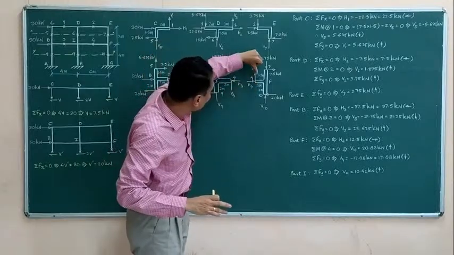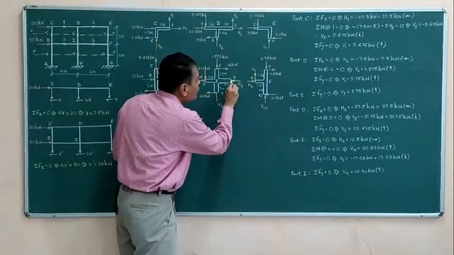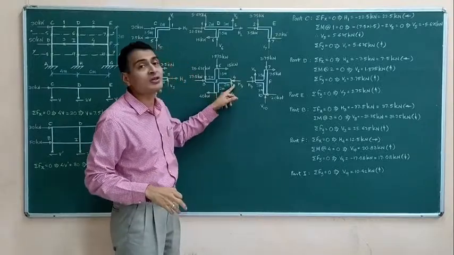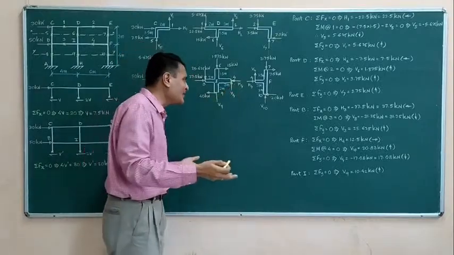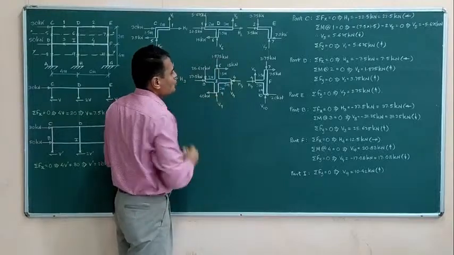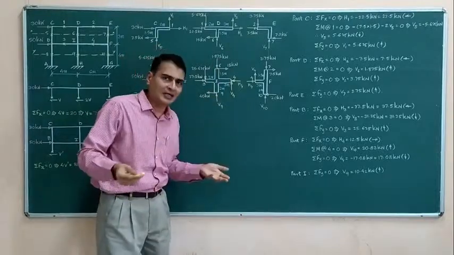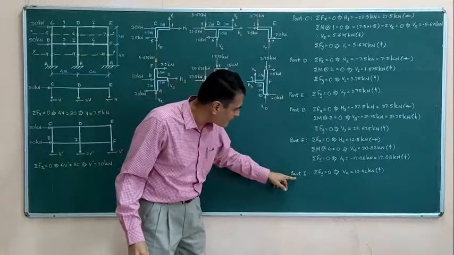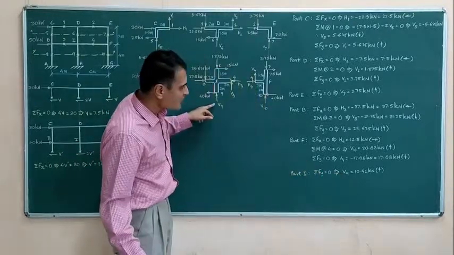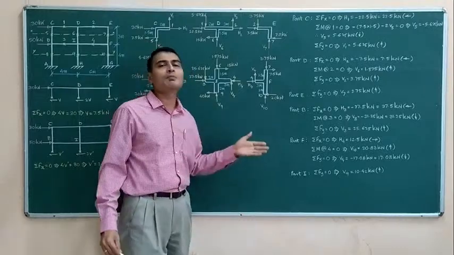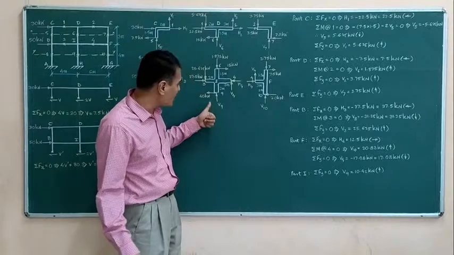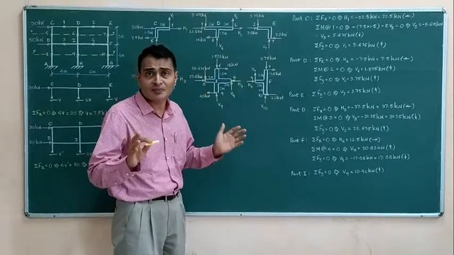So if it is 7.08 downwards, equal and opposite I have to show in the adjoining FBD, meaning it has to be upwards here. And then I find that there is only one unknown remaining here, so I show it as upwards. Let us say I am applying for part I, sigma Fy equal to 0. I easily get this V9 equal to 10.42 kilonewtons. Since I get a positive answer, the upward sense is correct.